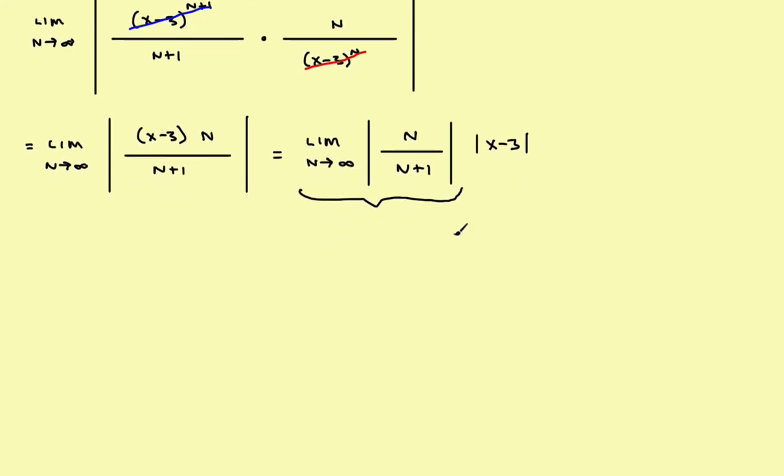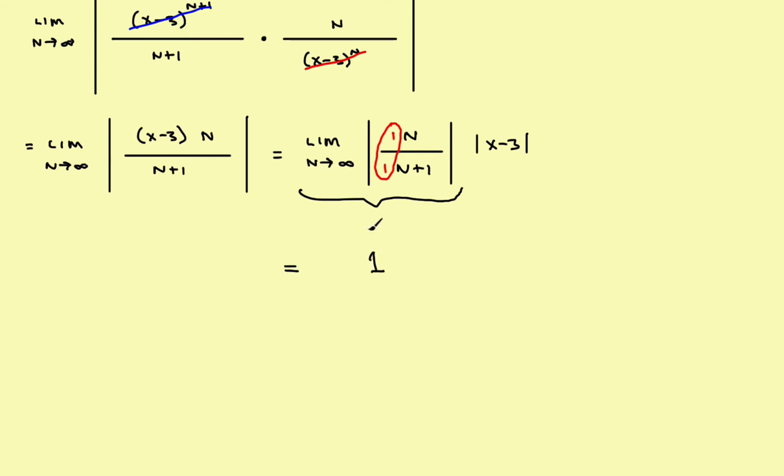So let's do that. Now again, you can think of this as being a polynomial on the top and a polynomial on the bottom. They're both to the same power, so you might remember from your limit rules that as you go off to infinity, the limit is just the ratio of the two leading coefficients. So this entire thing will turn into a 1.